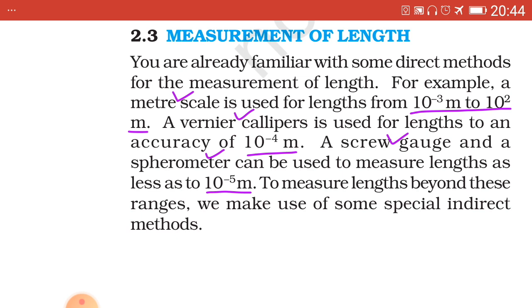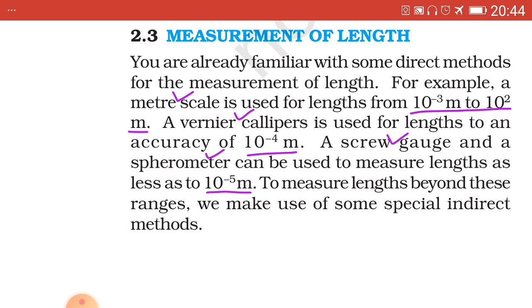For example, generally we use a meter scale for measuring length, and it can measure lengths from 10 raised to minus 3 meter to 10 raised to 2 meter. Now how is this possible? We understand with the help of an example.